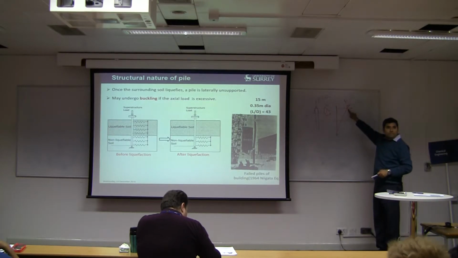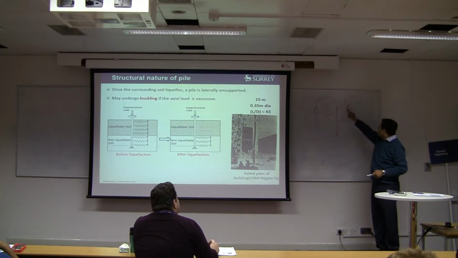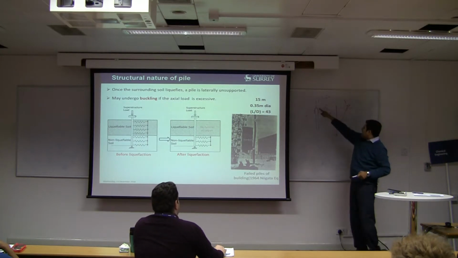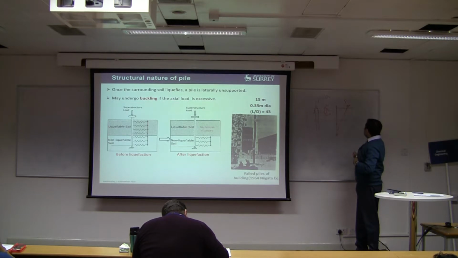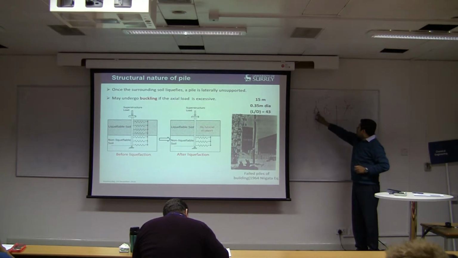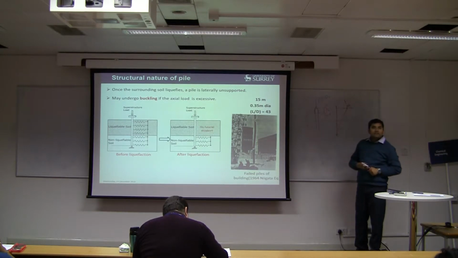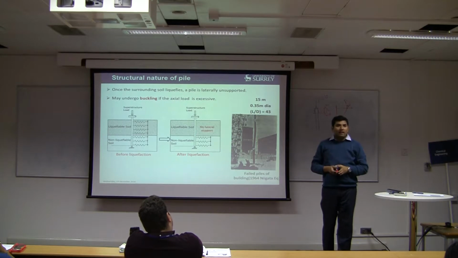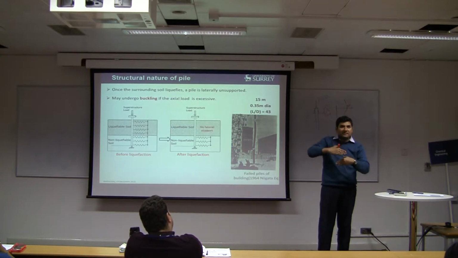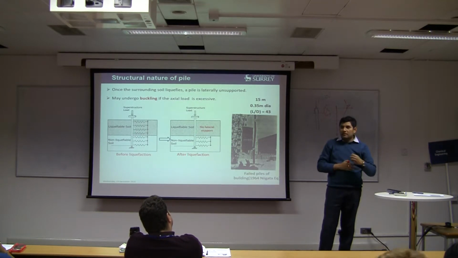You see what I mean? Load was just 700, then it reduces as you go down. But when soil liquefies, you lose all this friction, right? And you suddenly see a big change in the axial stress, right?